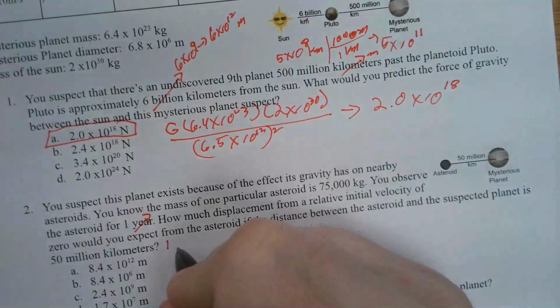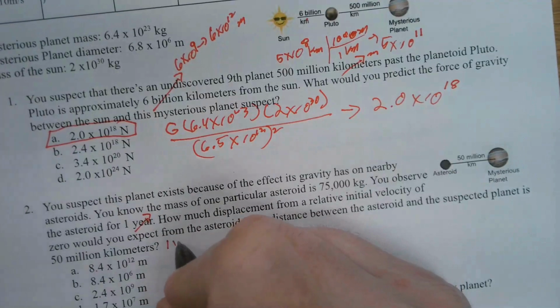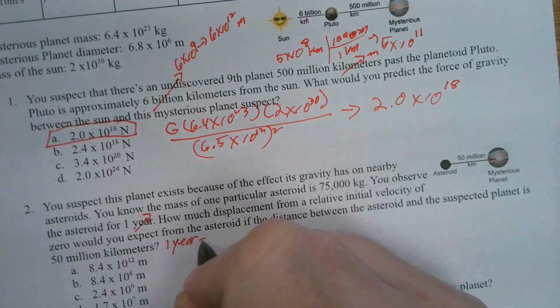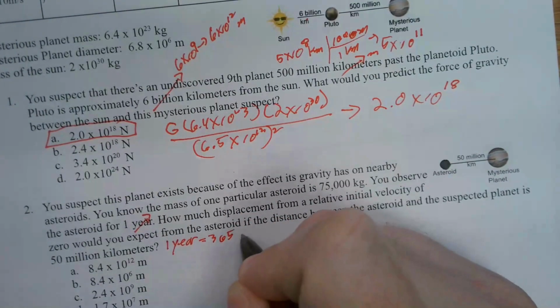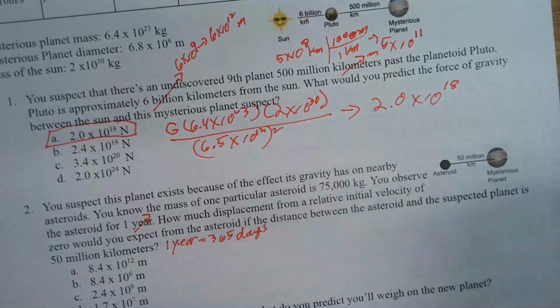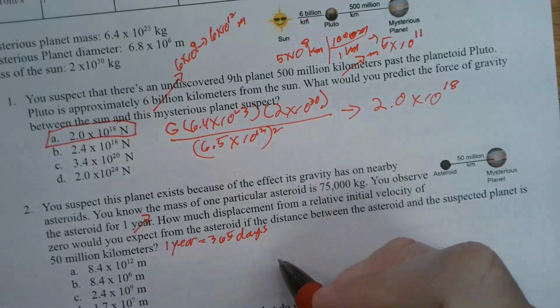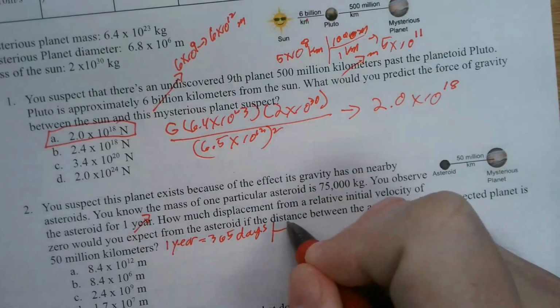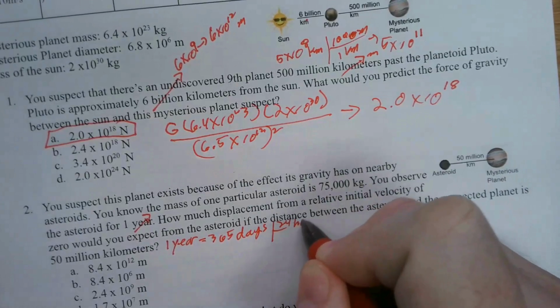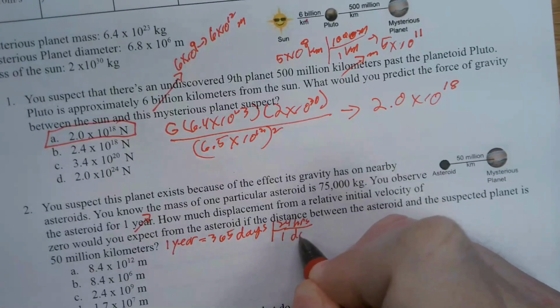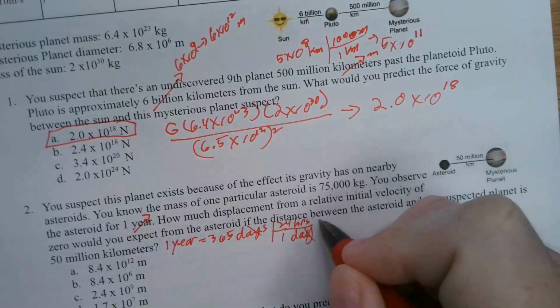So 1 year is equal to 365 days. Now, if you want to do 365.25, you can. It's not going to make a huge bit of difference for this particular problem. Times 24 hours in 1 day. Days cancel out.